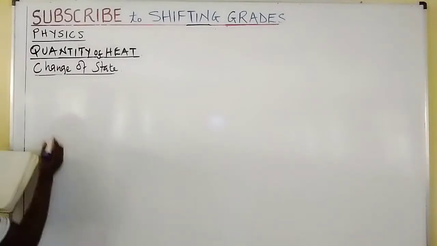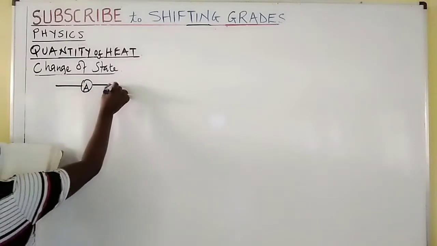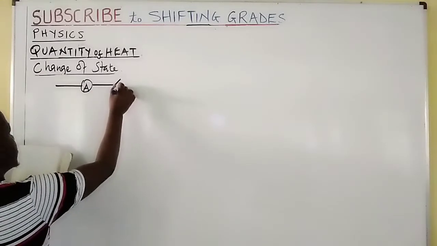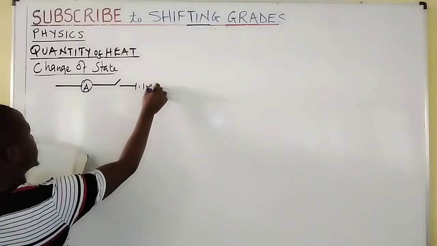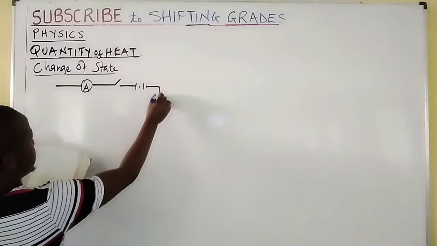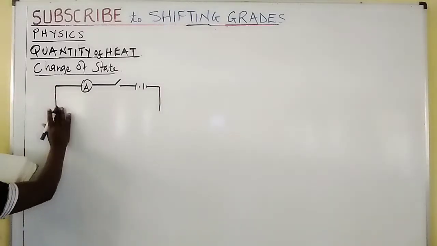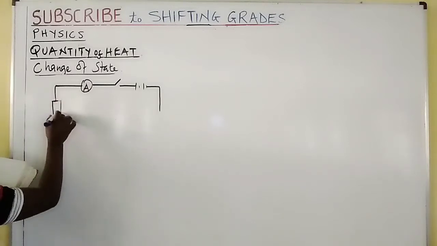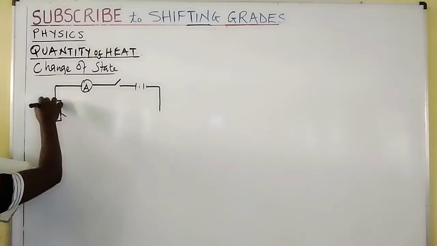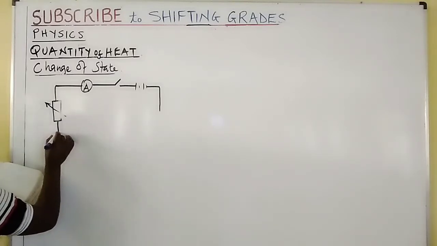You see that we have the system arranged in this manner. We have a rheostat here which controls the current so that a constant value of the current being supplied is maintained. So that's why we have a rheostat there.